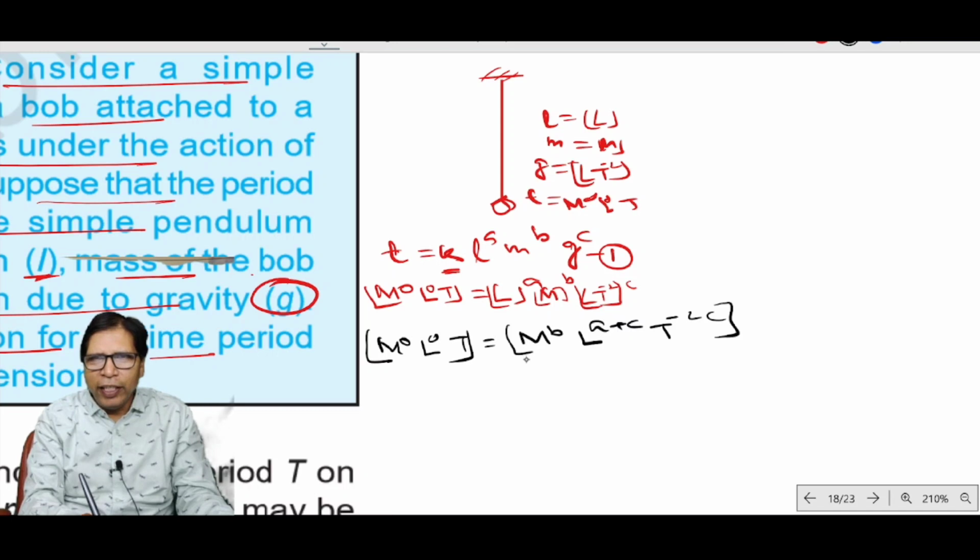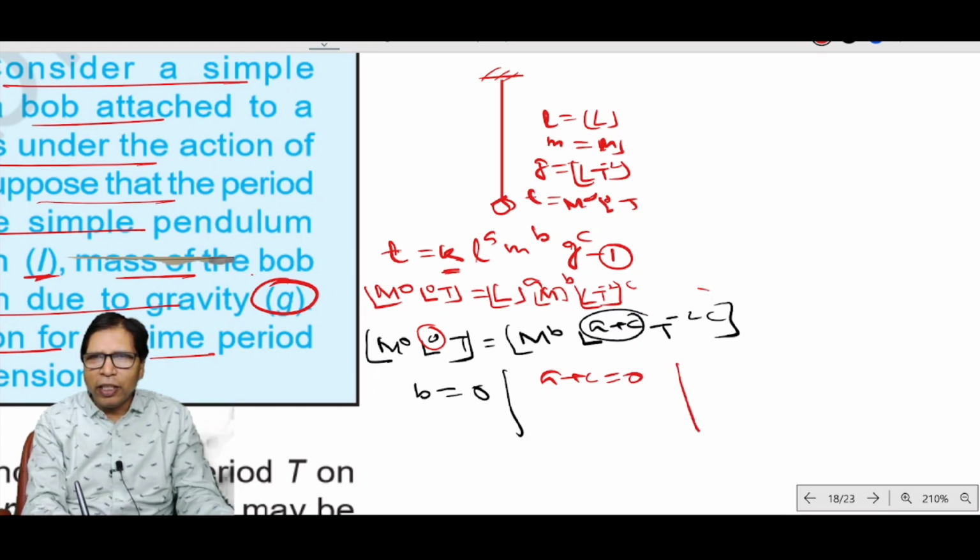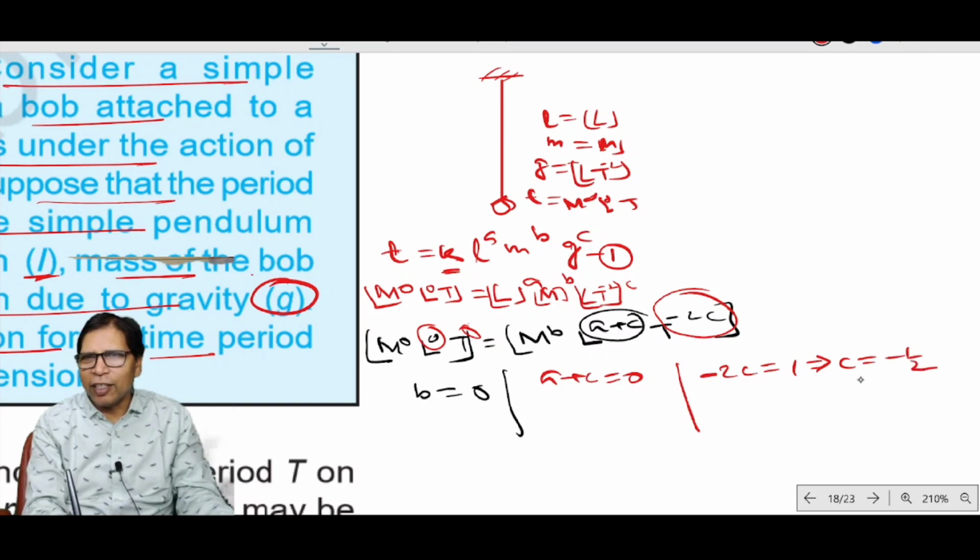The power of M equals the power of M, so b equals 0. The power of L equals the power of L, so a plus c equals 0. And finally, the power of T equals the power of T. Here the power of T is 1, so minus 2c equals 1. Therefore c equals minus half. If c equals minus half, then a minus half equals 0, so a equals half.